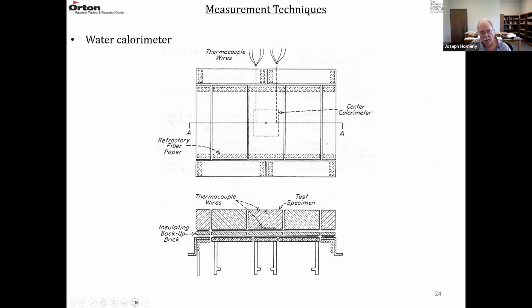The test sample has a thermocouple embedded in the hot face and the cold face. And then there are 3 calorimeters. The center calorimeter, which measures the heat flow, and then there's outer guard calorimeters that you adjust. So you have a uniform, steady state heat flow through this entire plate.